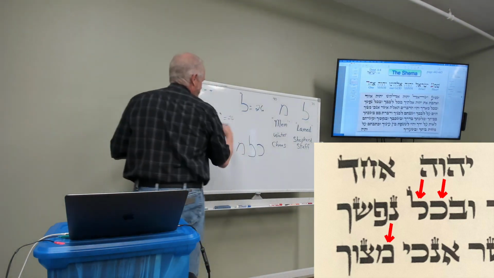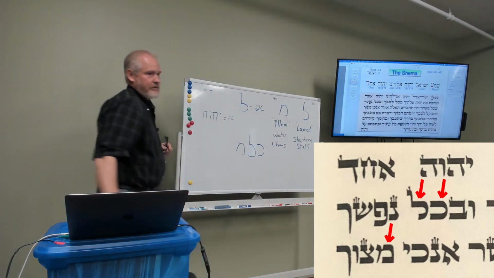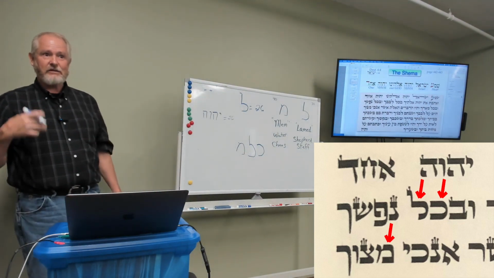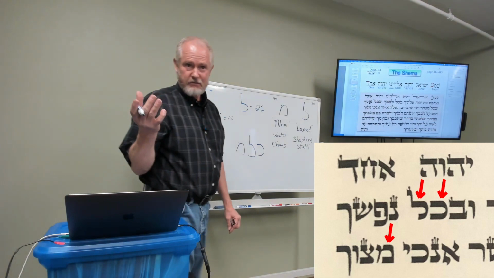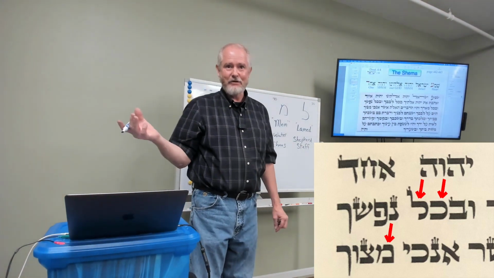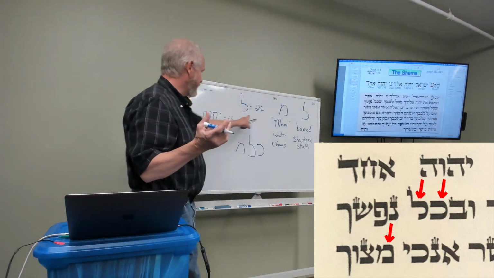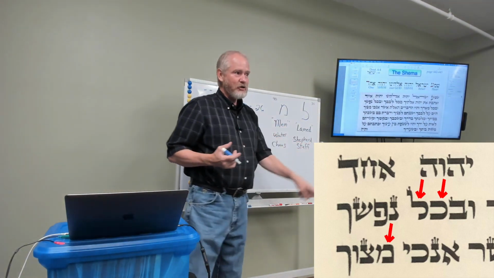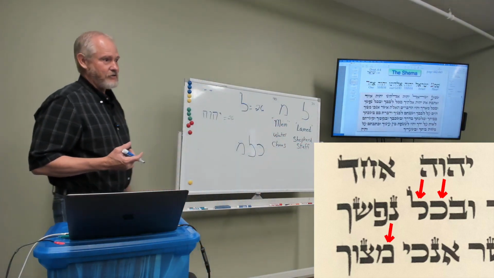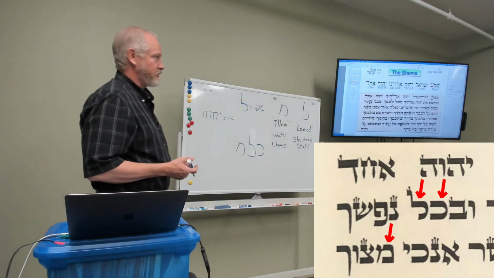So now we've got a relationship here. The reason why is because Lamed is shepherd staff. Lamed signifies Mashiach, the Messiah. He's our shepherd. This is why there's a connection here. Mem also signifies the shepherd, also signifies Yeshua.